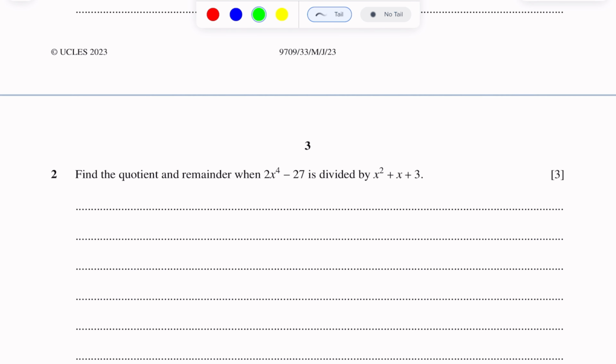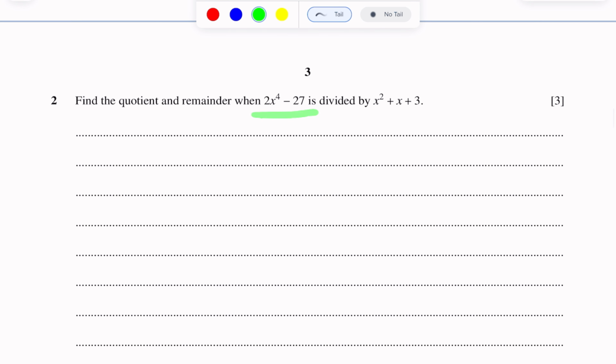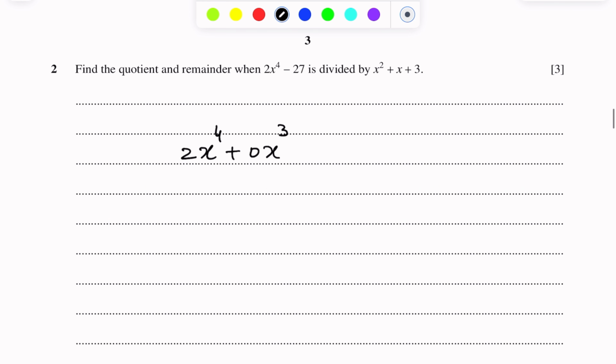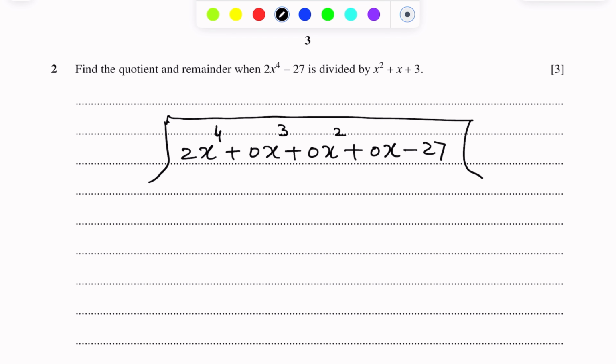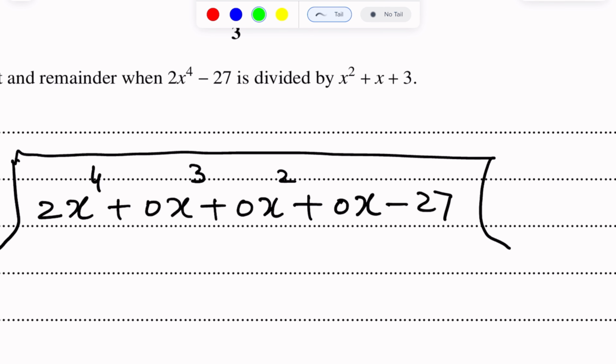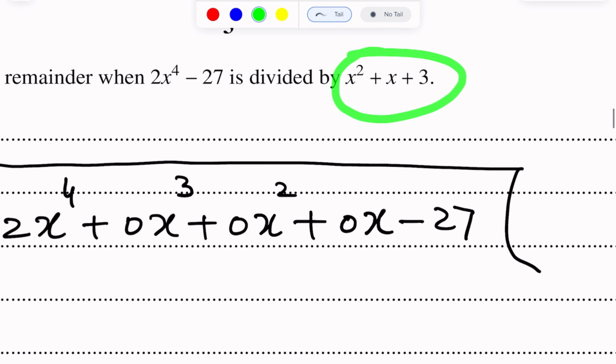So we will write it as 2x^4 plus 0x cube because it was missing, plus 0x square plus 0x minus 27. This sign is for long division. We write here the divisor, that is x square plus x plus 3.